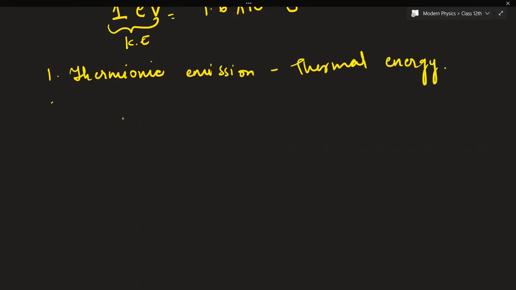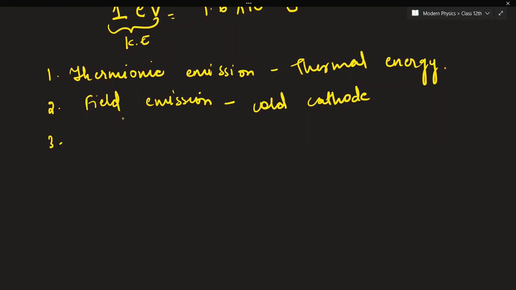Fine. Another is field emission. Field emission is also known as cold cathode emission. When the cold cathode produces such an amount of energy, high electric fields are produced in the power of 10 to the power 8, 10 to the power 9, like this, then it frees the electron. This type of emission is known as field emission.